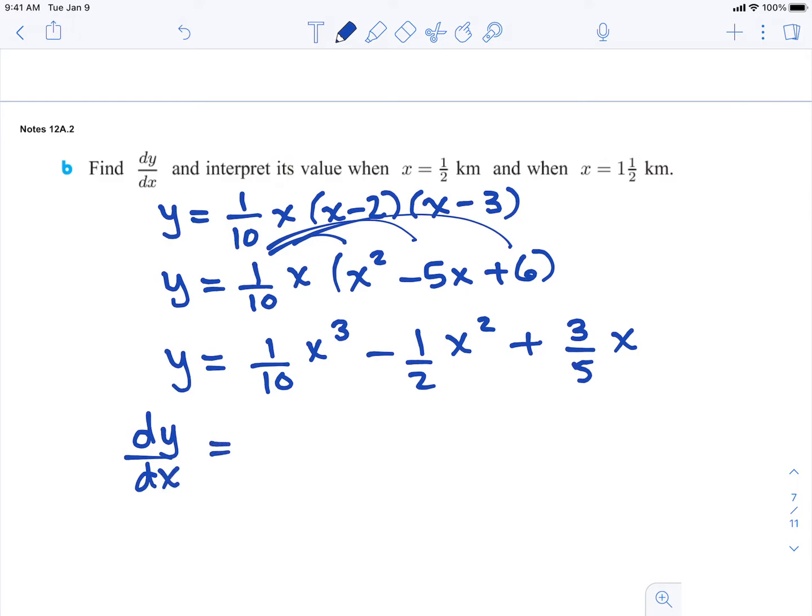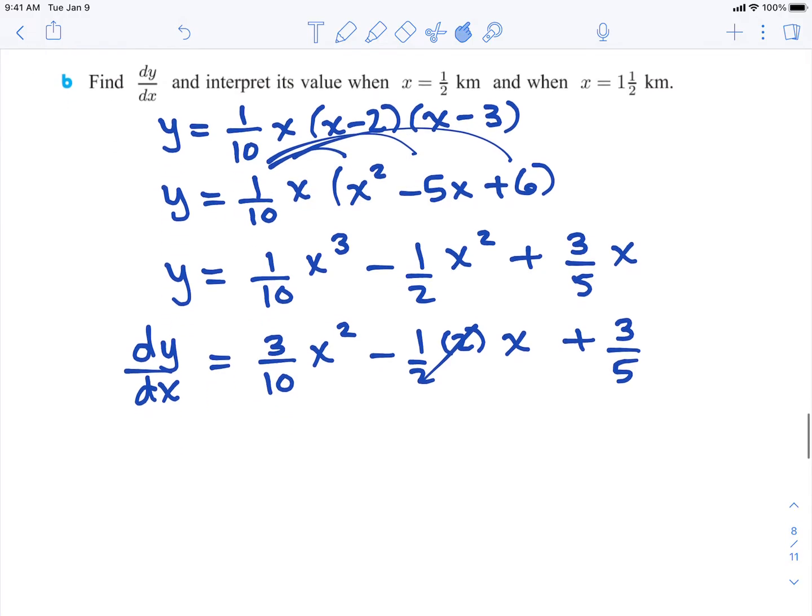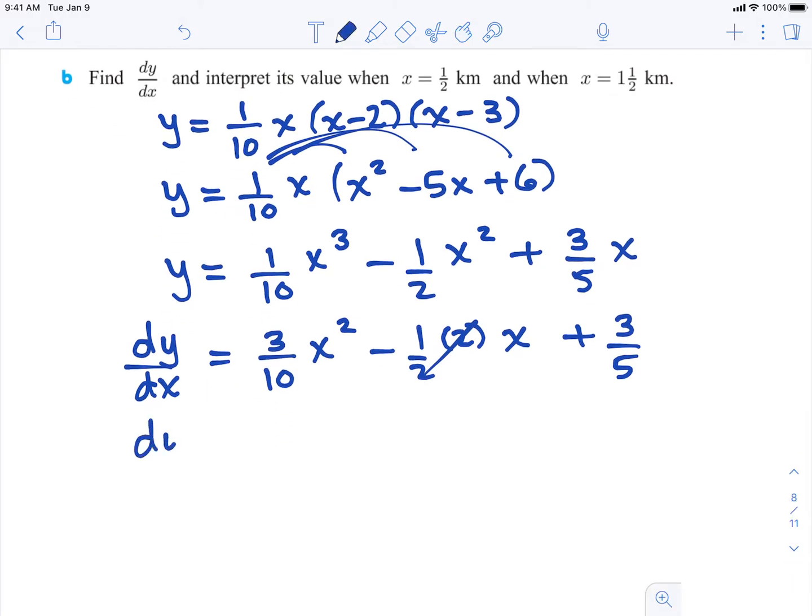We bring down that 3, so we get 3/10 x squared. Bring down our 2, so 1/2 times 2, those cancel out. Drop the power. So our derivative function is 3/10 x squared minus x plus 3/5.